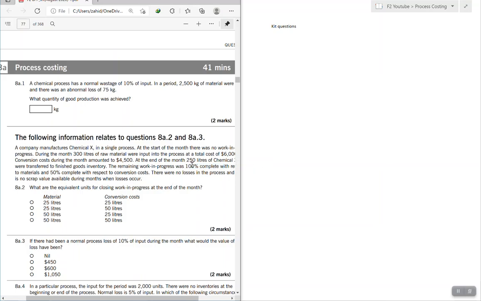So for material, it is 100% complete, so equivalent unit is 50, the same 50 units that is remaining. Conversion cost, because it is 50% complete, 50 multiplied by 50% will give you 25 liters. So the answer would be 50 liters and 25 liters. Because closing work in progress, 50 units, 100% complete with material would mean 50 liters, 50% complete would mean 25 liters.